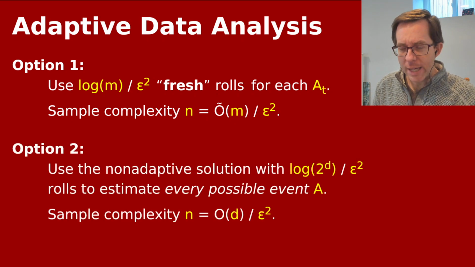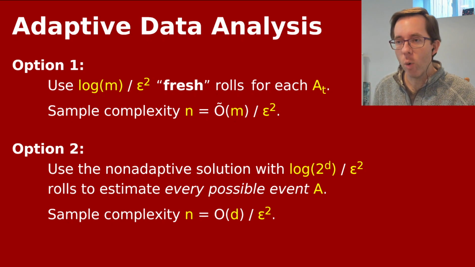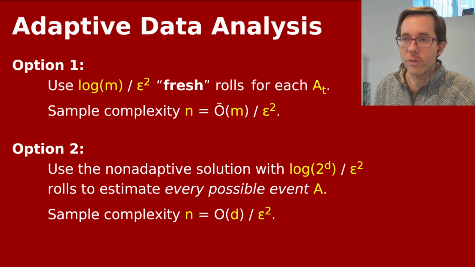Another thing you could do is use the non-adaptive solution that we saw before to estimate the probability of every possible event A. There are only 2 to the d different events: if there are d outcomes, there are 2 to the d different subsets. And if we estimate all of them, then any adaptive succession of A's that we choose, we'll already have estimated.